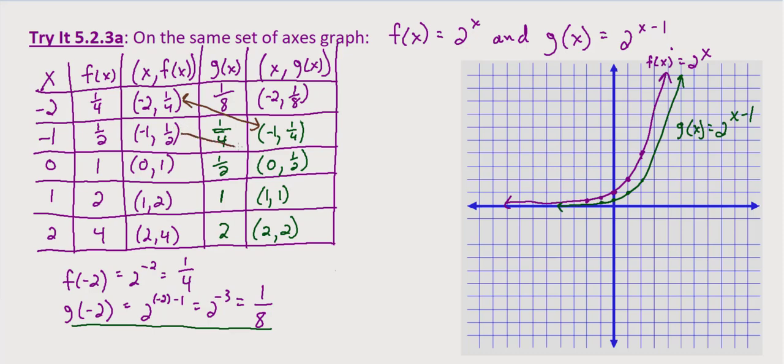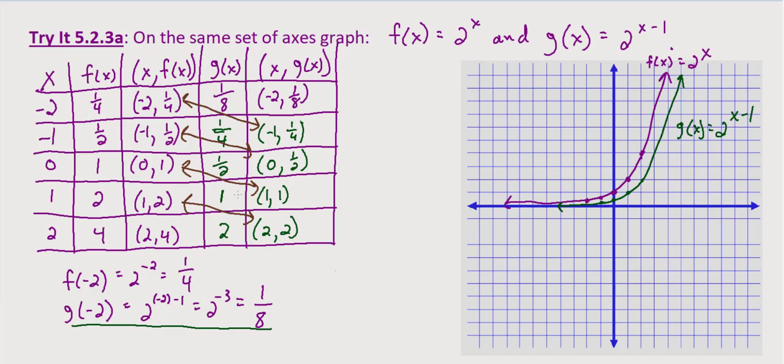G of x is 1/2 at 0. 1 unit to the right. In each instance, the y value is the same 1 unit to the right. So what we've done is we've translated this by subtracting 1 from x, 1 unit to the right.